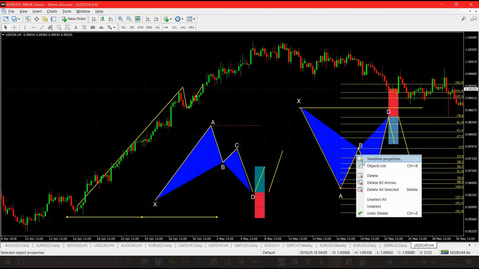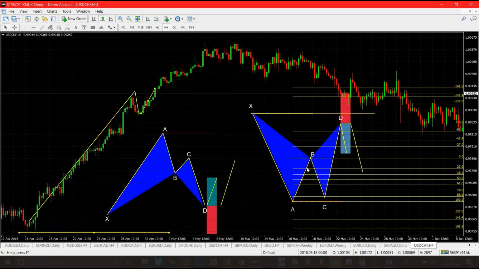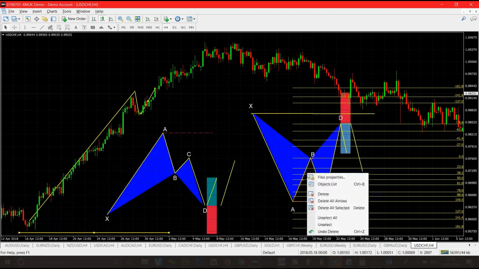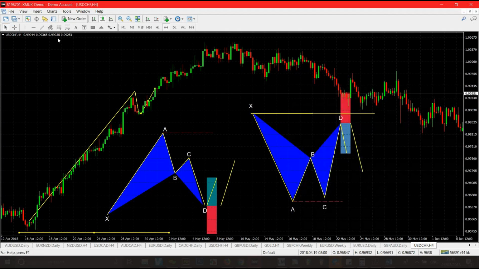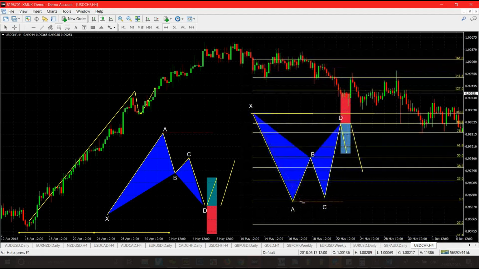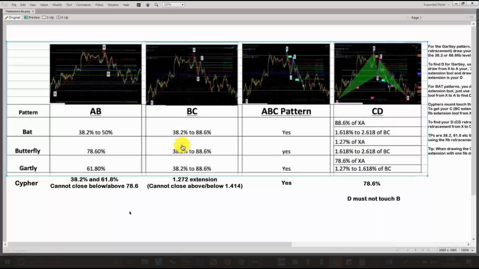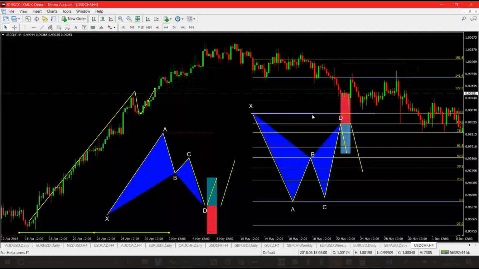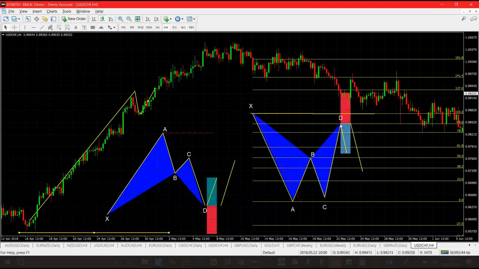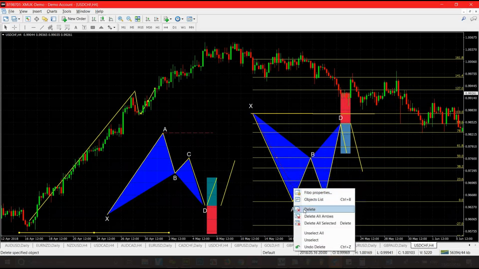Now to find our D leg, same principle. Measure it again from X to A, and then your D must be 88.6, which is this level here that we found. What's your TP? Straightforward.